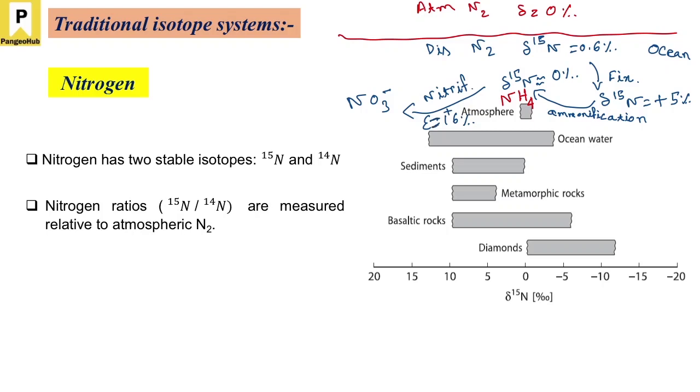Then it also suffers denitrification, and it goes to N2.